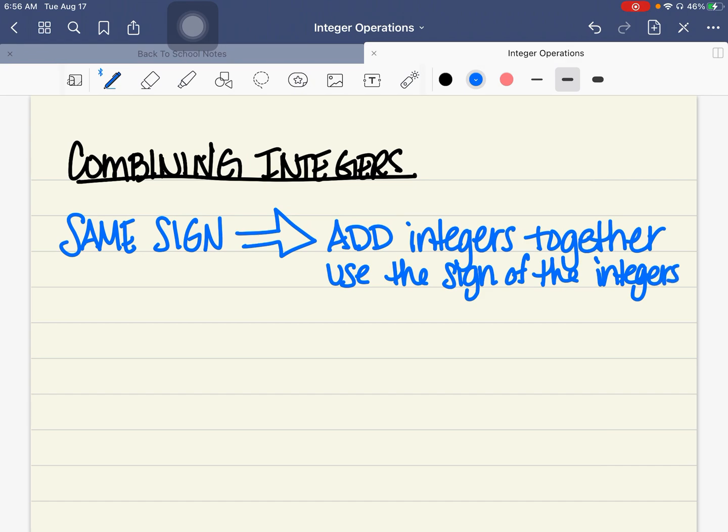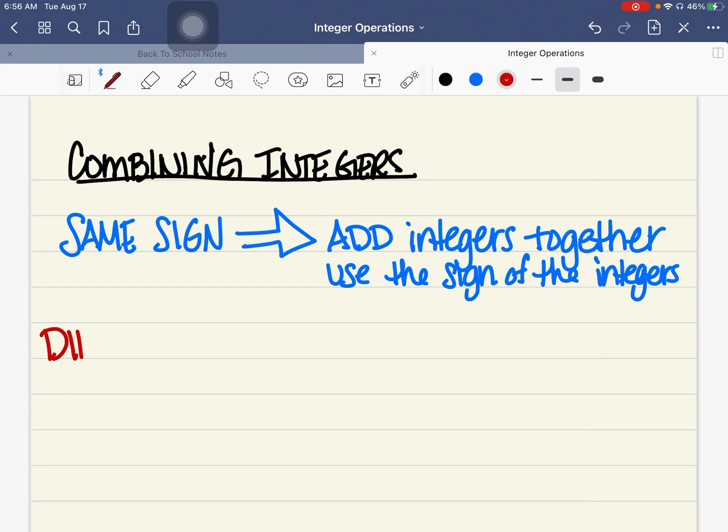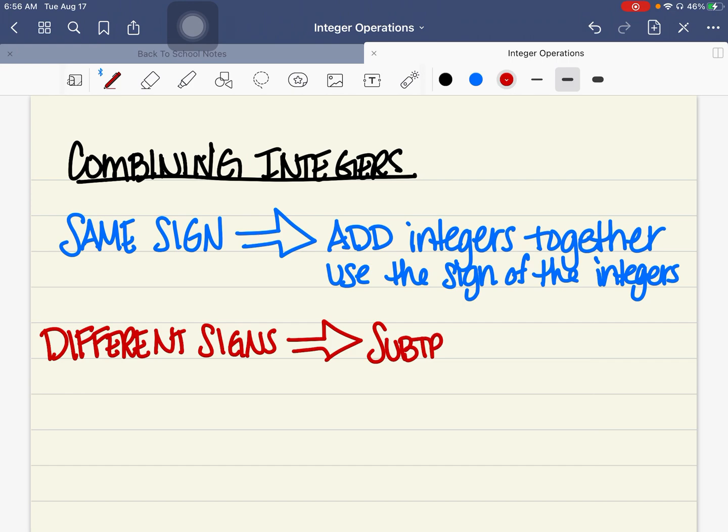If they have different signs, we don't want to add, we want to subtract because of those overlapping arrows.